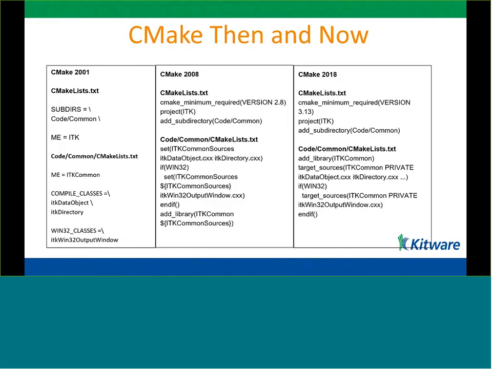So, modern CMake. Here's sort of a list of what CMake can look like and used to look like. This is the earliest CMake list file I could find. It was from 2001, and you can see it's changed a lot. Basically, it was sort of declarative and looked a lot like a makefile way back then.